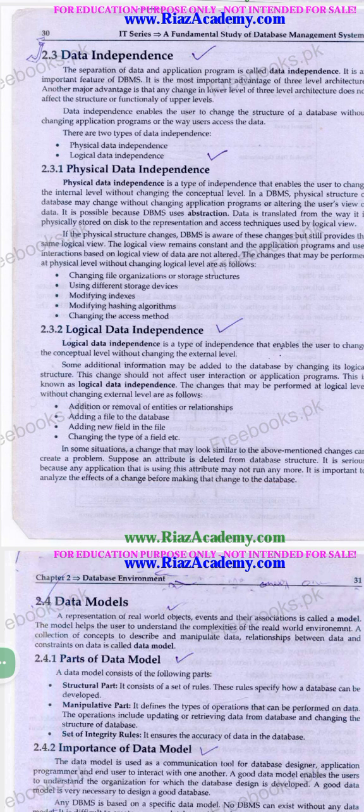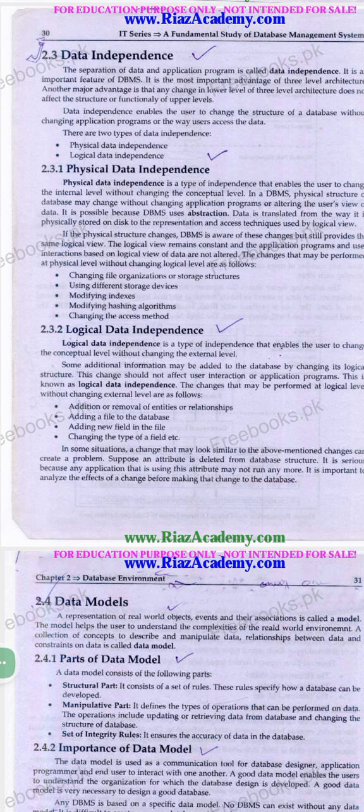Here are some examples or key points. What we can change: addition or removal of entities or relationships, and in the database file, adding a new field into the file or table. I already told you, we call it a table in our relational database, and when we discuss file storage, a table is stored in the form of files in the database.